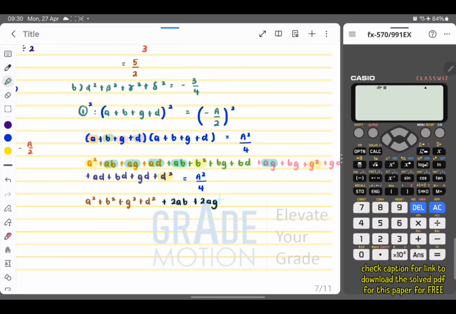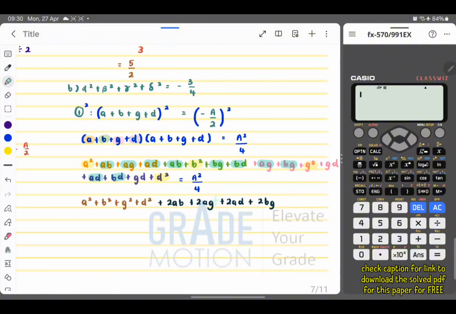AD and AD, so plus 2AD. Next, plus BG and BG, so 2BG. Plus BD and BD, so plus 2BD. Next I have GD plus GD, so that would be plus 2GD, equal to A squared over 4.